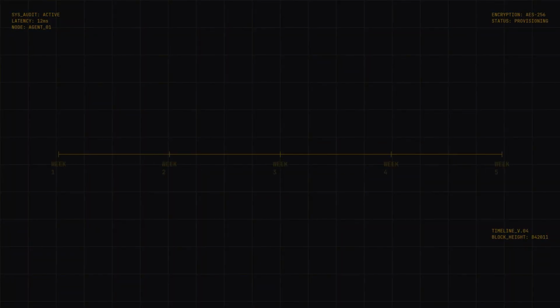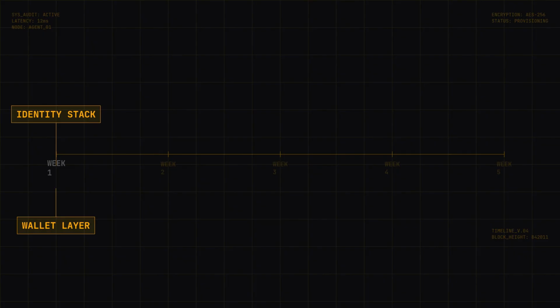Second, if you're starting a new agent build, provision the identity stack before you write the payment logic. The wallet layer and the identity layer should be set up in week 1, not bolted on in week 4. Third, if you're using a stablecoin-based architecture, evaluate whether your current swap routing gets you to the payment corridors your agent actually needs. Fourth, seed your agent account's transaction history deliberately and early.